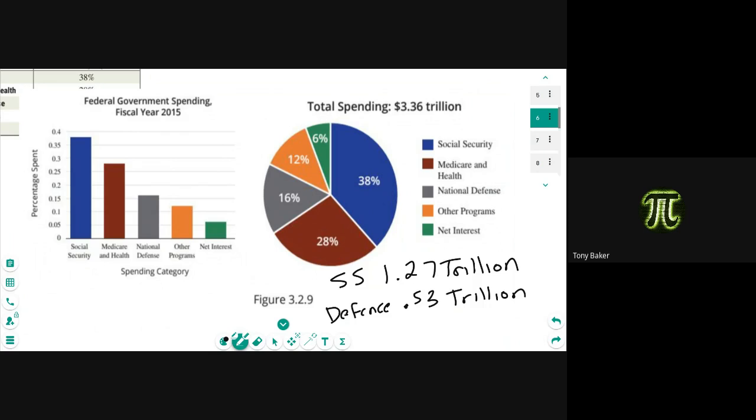All right. So one of the things when we're looking at percents is that percents are of something. Those are the percents of the 3.36 trillion. When we look at another year, the percents will change, but also the total changes.